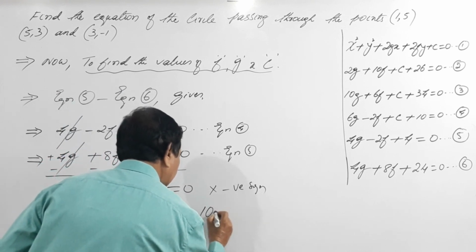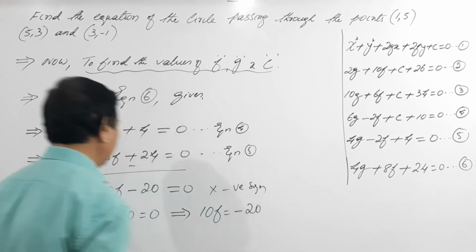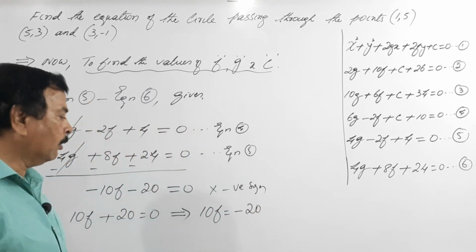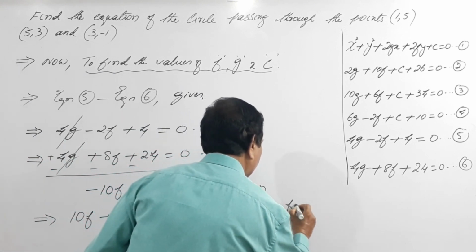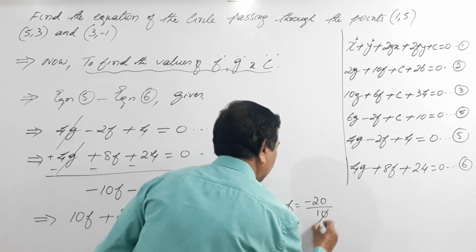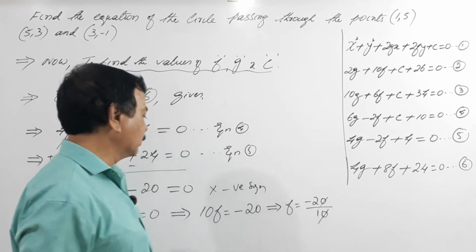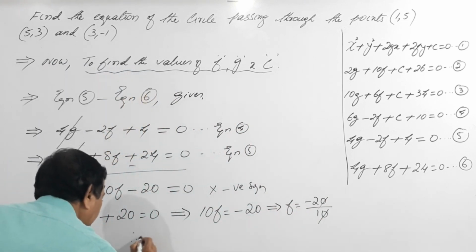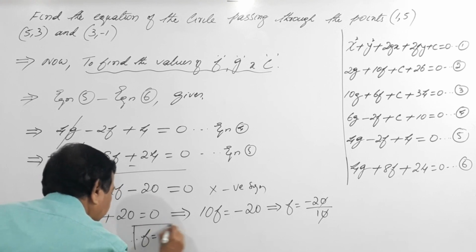That is 10F equals minus 20. Therefore F will be minus 20 by 10. The 0 cancels, so minus 2 by 1, that is nothing but minus 2. Therefore F equals minus 2.